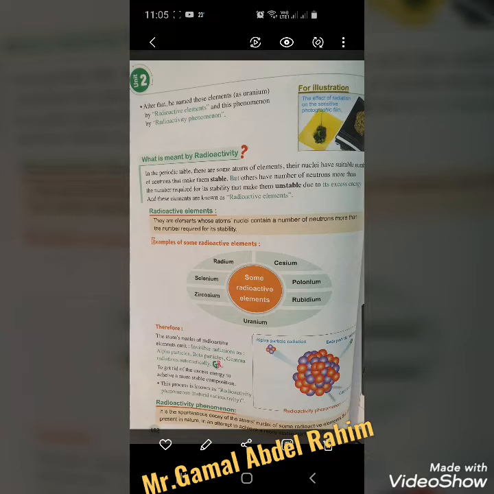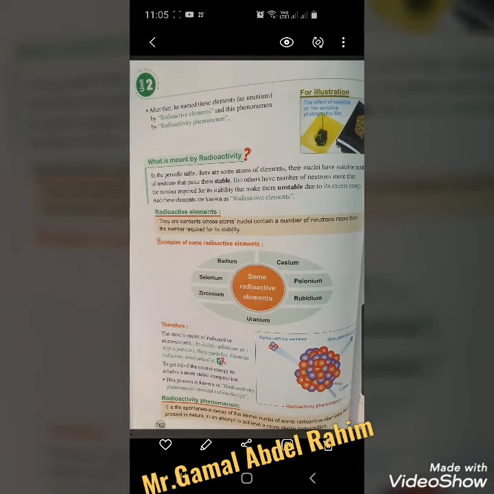If we subtract 92 from 238, you will find that the number of neutrons, 146, is very big compared to the number of protons. So it is a big difference. A big number of neutrons makes the atom unstable. It has excess energy and excess mass. And this is called a radioactive element.